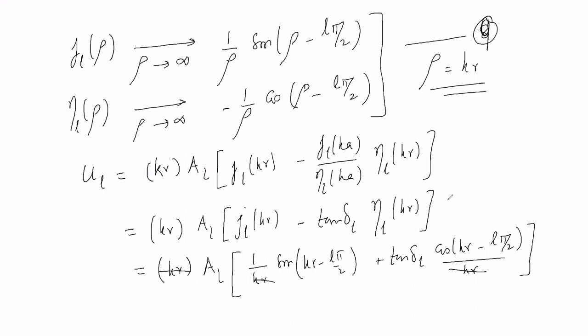and I can write tan delta_L as sin delta_L by cos delta_L. Then if I take the LCM, this will become cos delta_L sin (kr minus L pi by 2) plus sin delta_L cos (kr minus L pi by 2), and then A_L by cos delta_L.